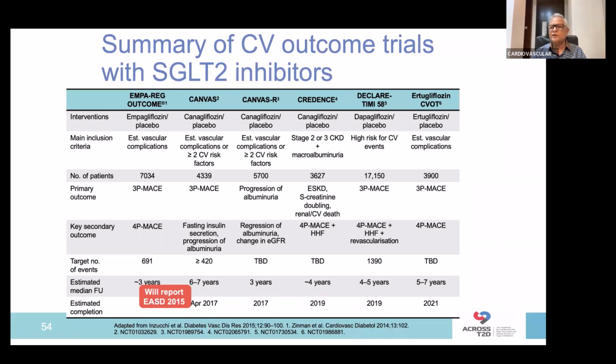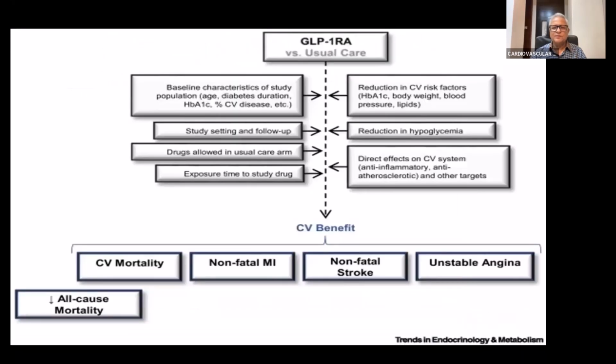It's like a statin, which has a pleiotropic effect. And similarly, glucagon-like peptide-1 receptor agonists, used in diabetic patients, reduce all-cause mortality and are very effective in diabetic patients.